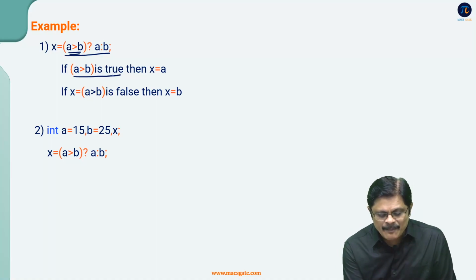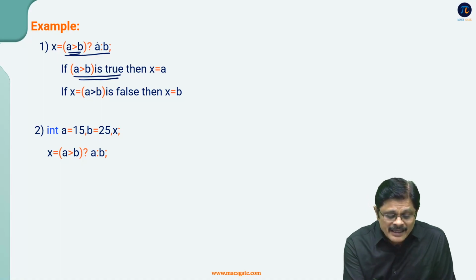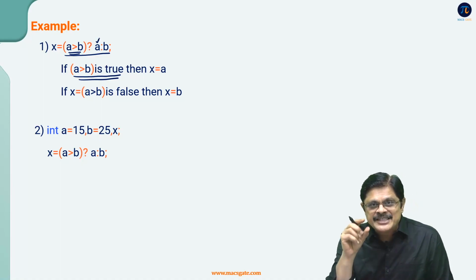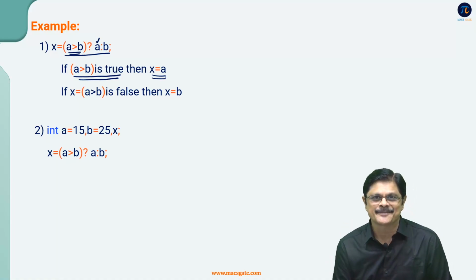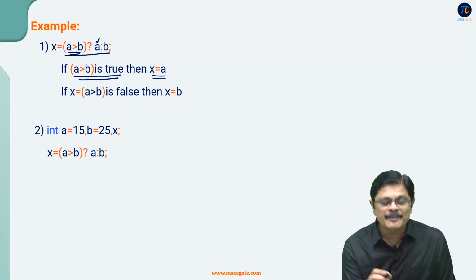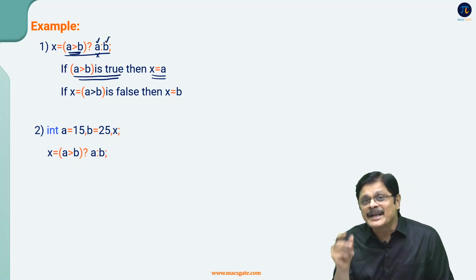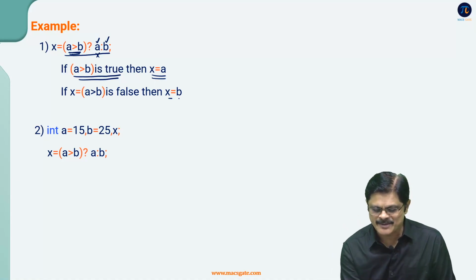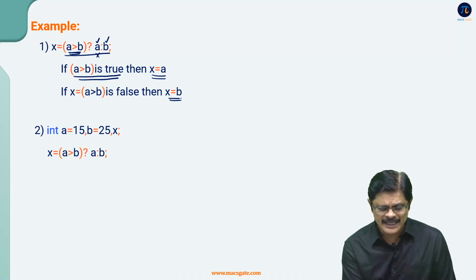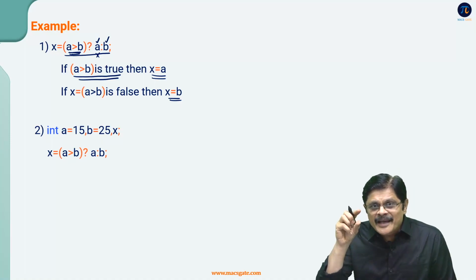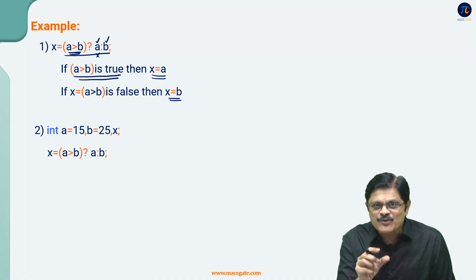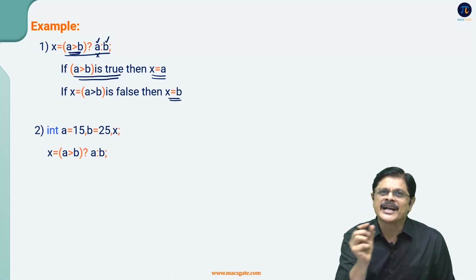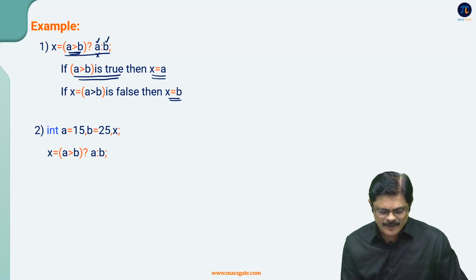Suppose A greater than B is true, then A is evaluated, that is, the first expression is evaluated and assigned to X, so X value becomes A. Suppose A greater than B is false, then A is ignored, B is evaluated and the B value is assigned to X, so X becomes B. You can see one example here.